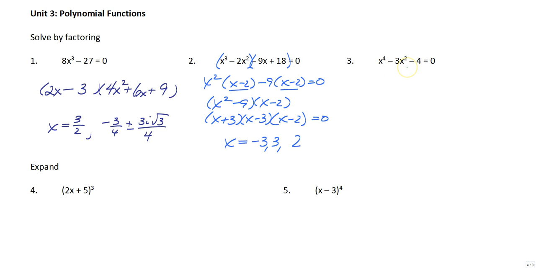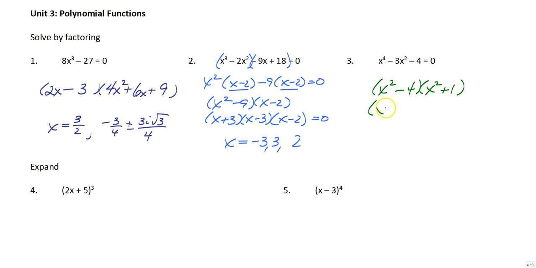This one is just an old school factoring trick. What multiplies to a negative 4 but adds to a negative 3. But since we go 4 to constant, when we factor, we do it the exact same way, but we put x squareds instead. But that would just be an x squared minus 4 and an x squared plus 1, because a negative 4 times 1 is a negative 4, but they add to a negative 3.